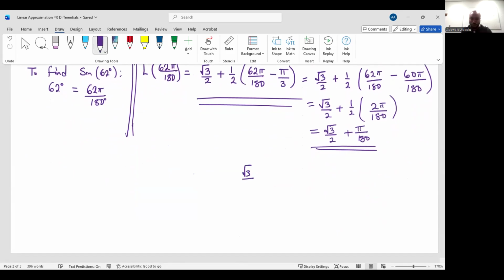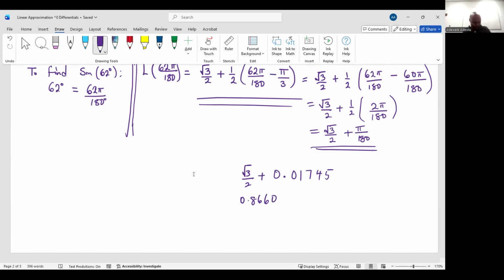So root 3 over 2 plus pi divided by 180. Pi divided by 180 is 0.01745 and so on. Root 3 over 2 should be 0.8660. Let me check.